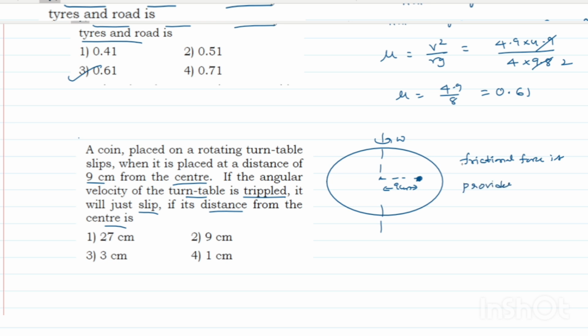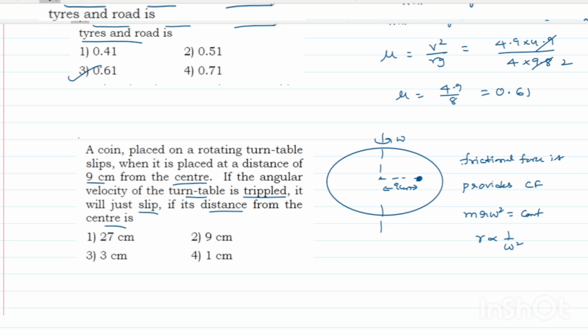That is, the centripetal force is constant, m r omega square is constant. That means the mass of the coin remains constant, so R is inversely proportional to omega square.